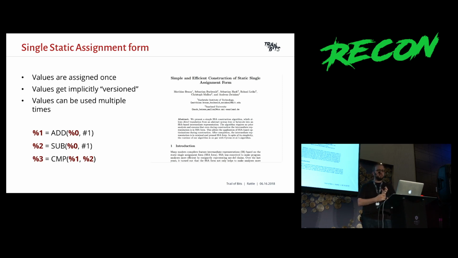And rather than jumping right into writing the code, I decided to do a literature review, and I could not find anything that lifted a stack machine into SSA. This is the best paper I found, Simple and Efficient Construction of Static Single Assignment Form, which was more towards when you already have a control flow graph and you're working with some sort of intermediate language.